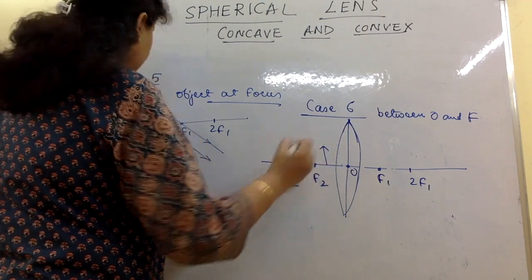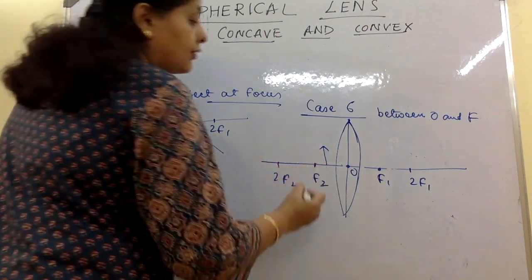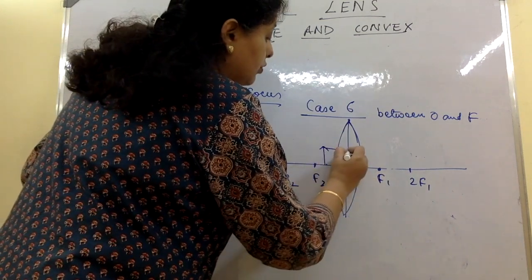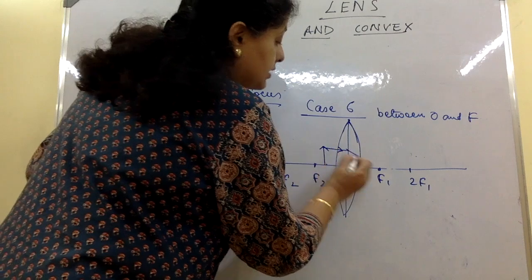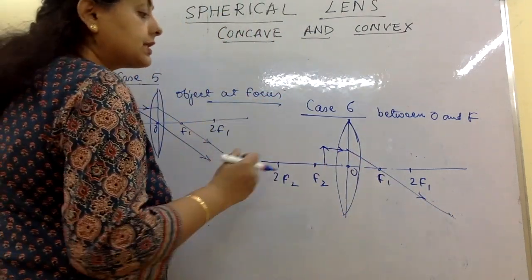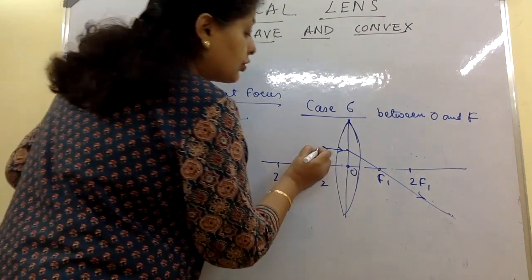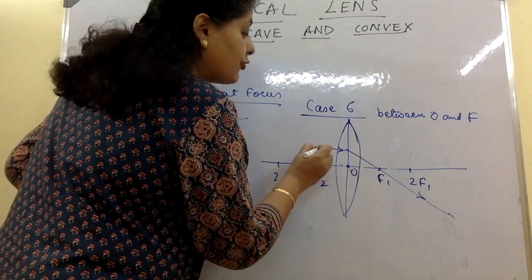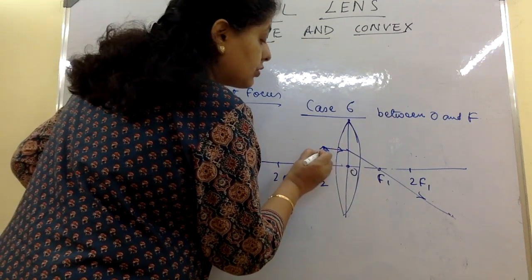Now see, one ray will go parallel and it will pass through the focus, rule number 1. Now the second ray will go through the optical center. Here I am following rule 3 and it is going to go straight.